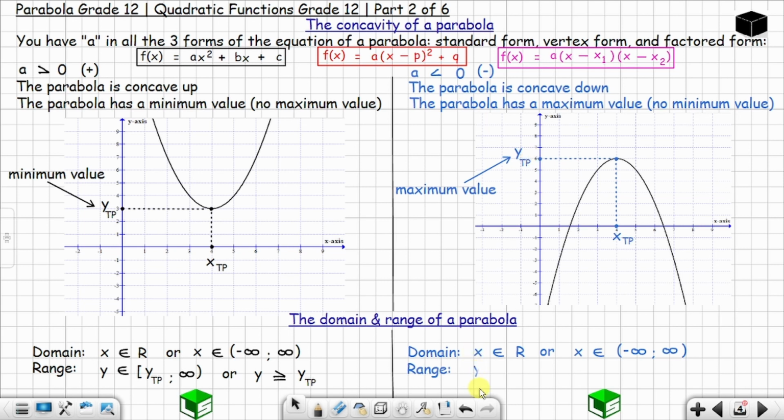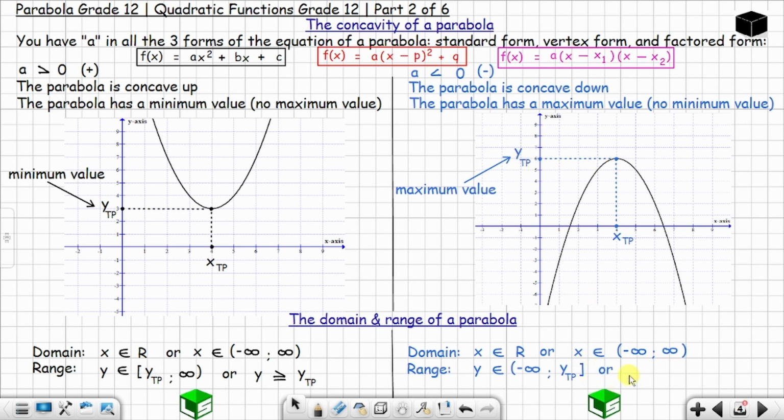So you have y element of from negative infinity, and you have a round bracket, all the way to this value, and you have a square bracket because this value is also included in the range.